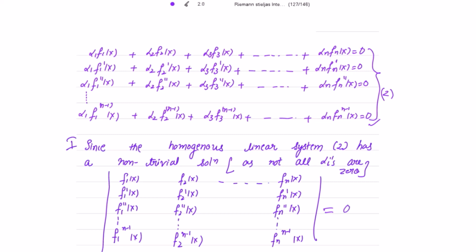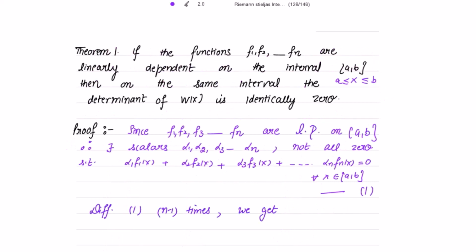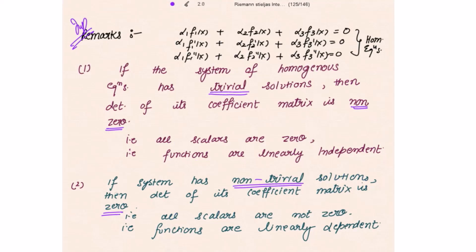Very good. Because we have just read in the remark, for a non-trivial solution, for linearly dependent vectors, the determinant is always equal to 0. If the system has a non-trivial solution, then the determinant of its coefficient matrix is 0. This is the result, right? And this also has another two things, that the scalars are not 0 and the functions are linearly dependent.